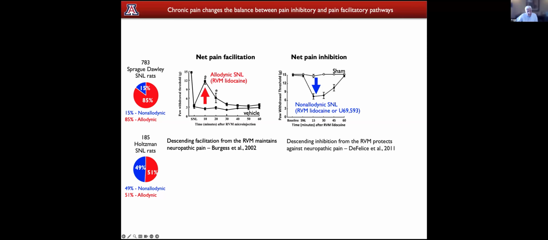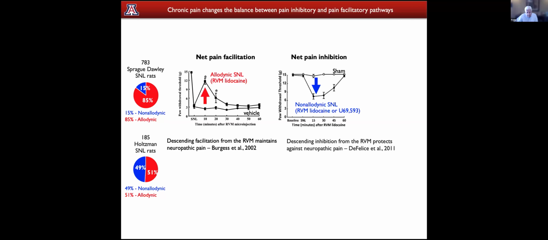And then we did this experiment where we took the allodynic animals and injected lidocaine in the rostroventral medial medulla, and you see that there was a transient reversal of the pain. That was to be expected. We interpreted that as inhibition of pain facilitation. But then we took the injured but not allodynic rats. We confirmed post hoc that these animals were appropriately injured.